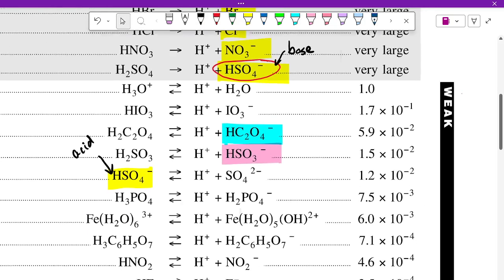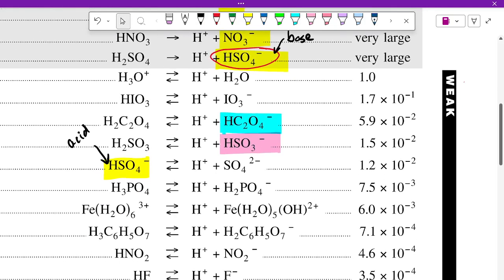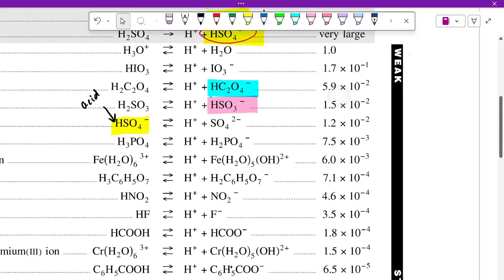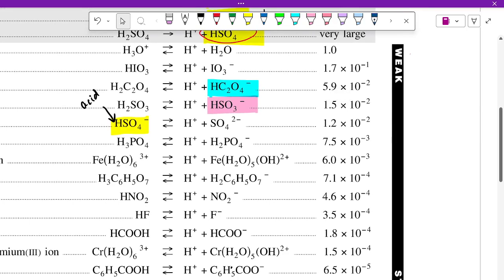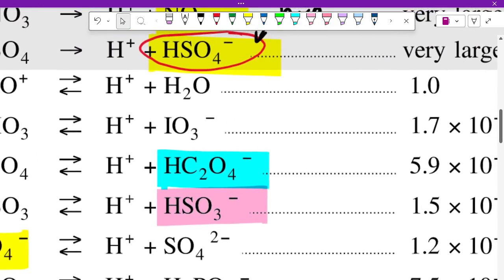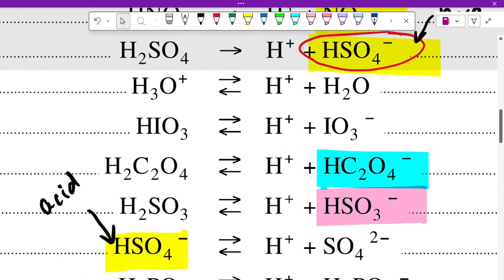Now let's go further down our list and find HC2O4 acting as an acid. Where is our HC2O4? Give me HC2O4's Ka value. You're looking for HC2O4, but you're looking for it on the left-hand side.